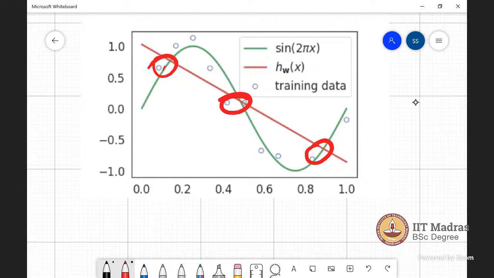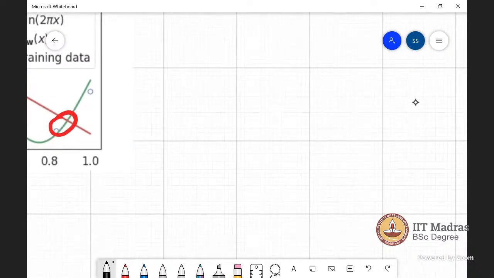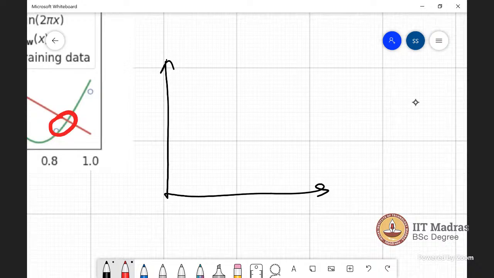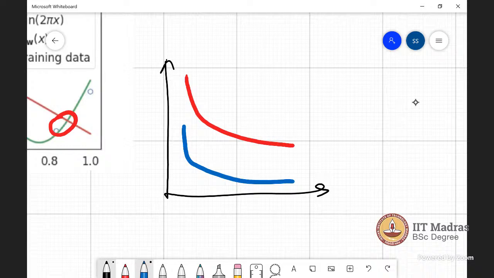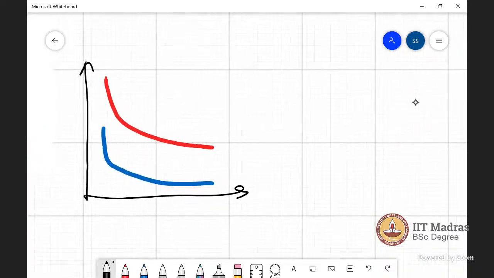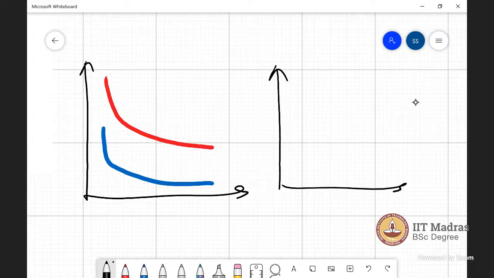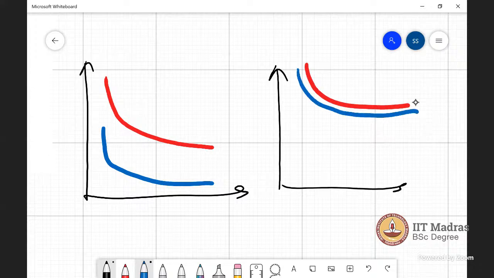Okay, so for underfitting, we have two situations. One situation, let's say this one is our training loss and this one is our validation loss. This is situation number one. Situation number two could be that both of them are high: this is your training one, and this is also your validation one.